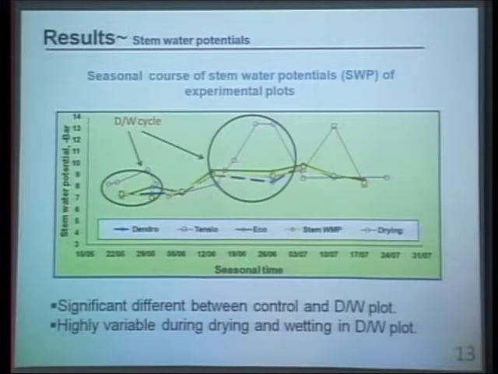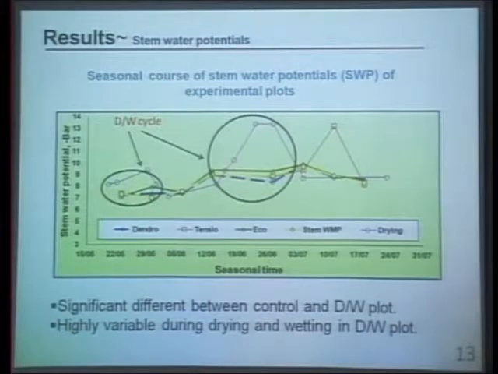But we just compare with the control, where we try to maintain a given water potential of 9 to 10 bar during the entire season, and we just try to find out the difference from that. From 9 bar it decreased, in the negative, to minus 13.4 bar.